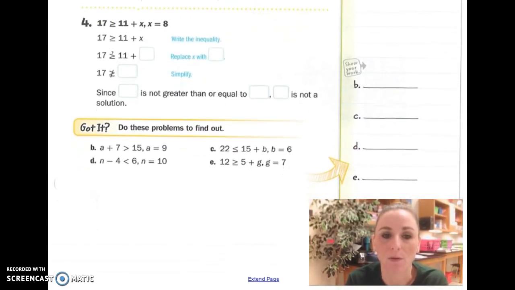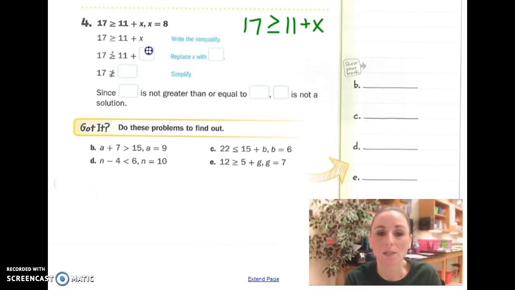Let's take a look at number 4. Number 4 is 17 is greater than or equal to 11 plus x. And it says that x is going to equal 8. So let's take a look at what it does here. We are looking at 17 is greater than or equal to 11 plus, what are we replacing our x with? 8.